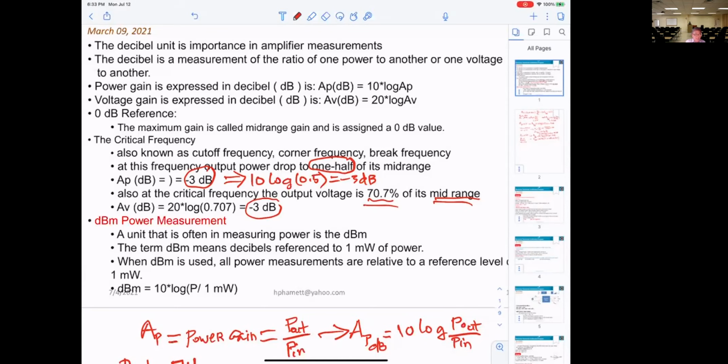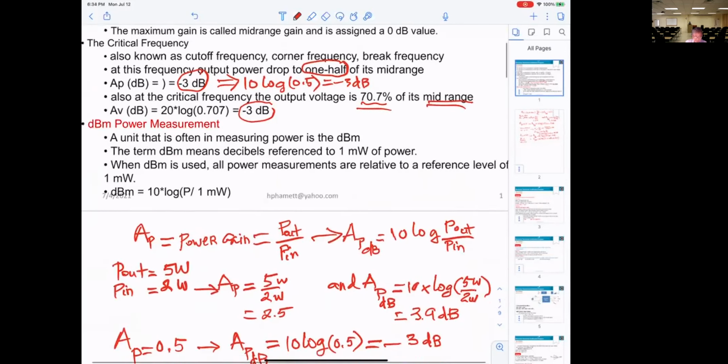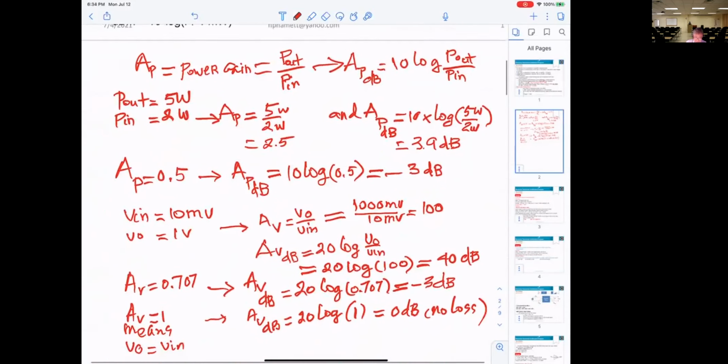That means 1 milliwatt in power will be the same thing in dBm. When dBm is used, all power measurements are relative to a reference level of 1 milliwatt. This is very important for you. I'll go over that.